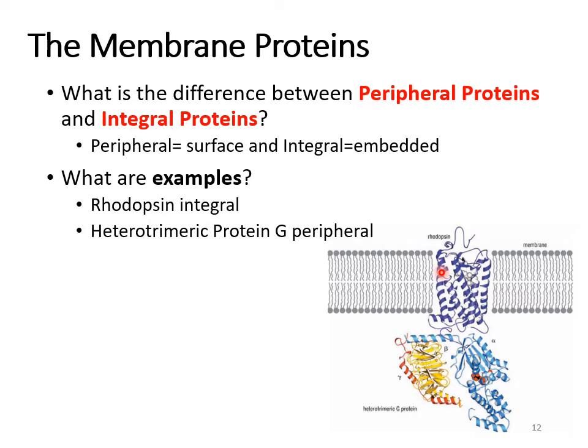So you can't just get rid of it from the membrane without very difficult, harsh conditions like adding a detergent or using something extensive like sonication. And you end up basically destroying or denaturing that protein. And even then, you still have difficulty removing it from that membrane. Whereas the peripheral one is a lot easier for you to get rid of from the membrane, and it's usually just attached by something like electrostatic interactions.